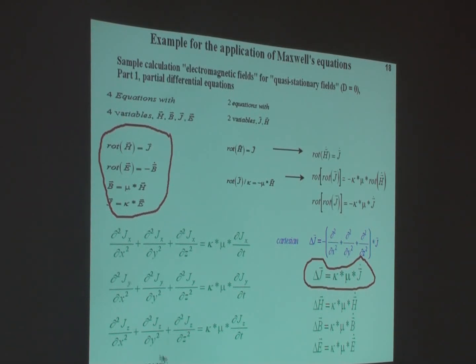That is this one. Here the delta is the second derivative of the current density in x, y, and z. So the whole set of differential equations is this one.